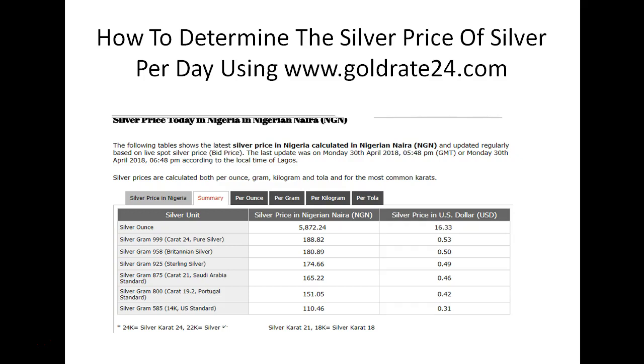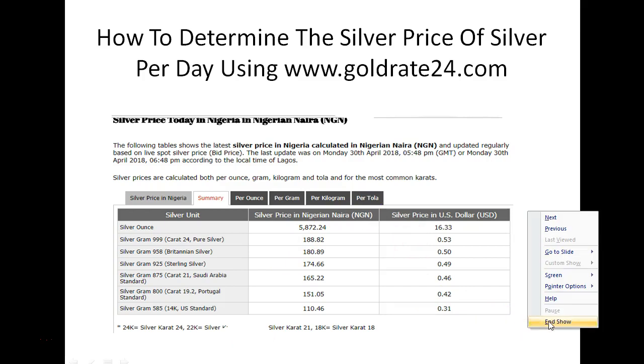So let's say you added 100 liters of silver, and the level after testing it was 10 grams per liter. That simply means 10 times 100. Let's see what it gives us.